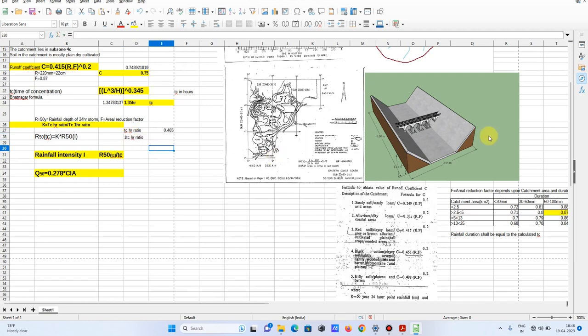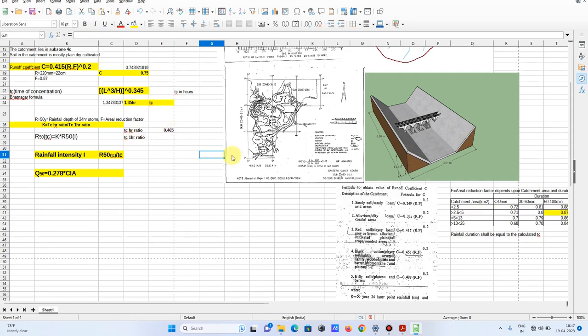So TC 1 hour ratio. The TC hour ratio we found is 0.465 for the time of concentration 1.35.